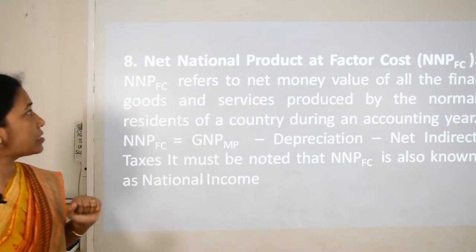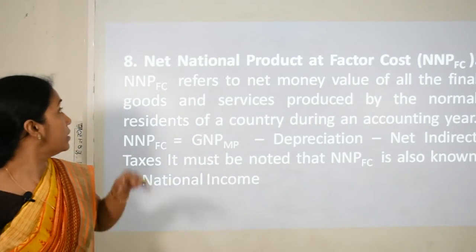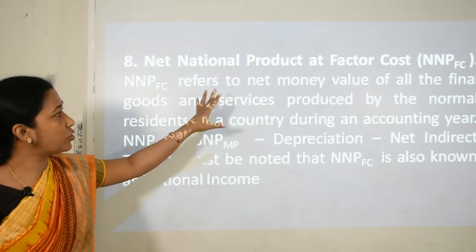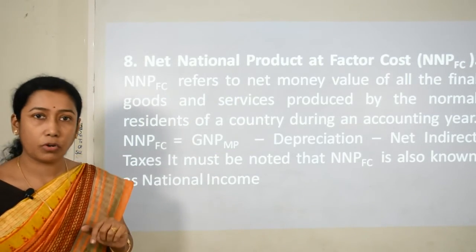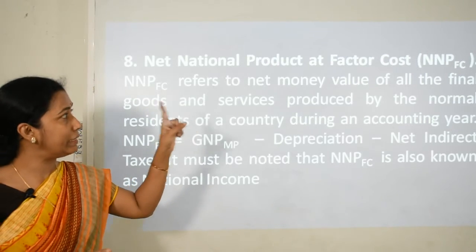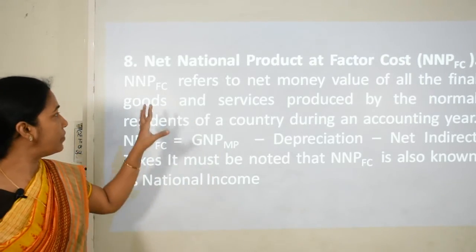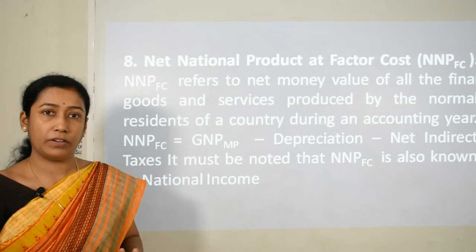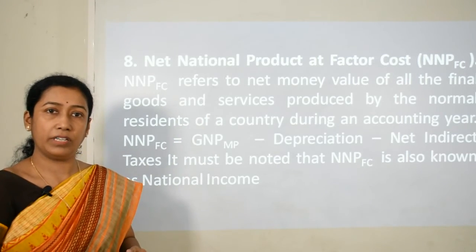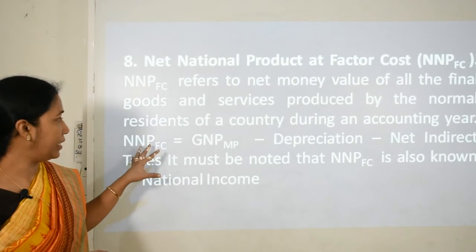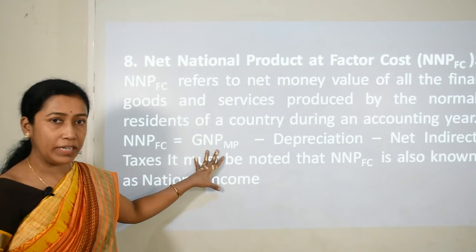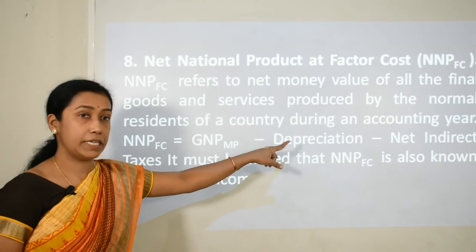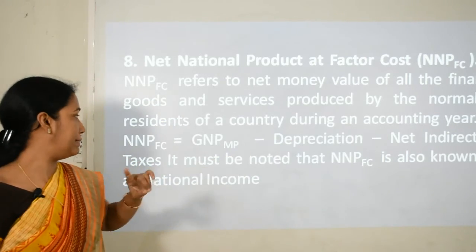And now the last concept in this series is net national product at factor cost. It refers to net money value, not gross value, but net factor value of all the final goods and services which are produced by the normal residents of the country during one financial accounting year. So the formula we will get is gross national product at market price minus depreciation and minus net indirect taxes.